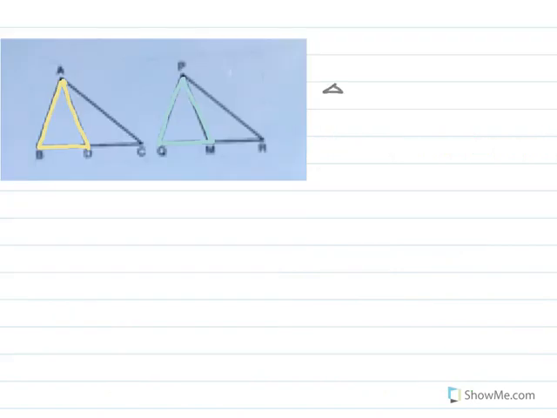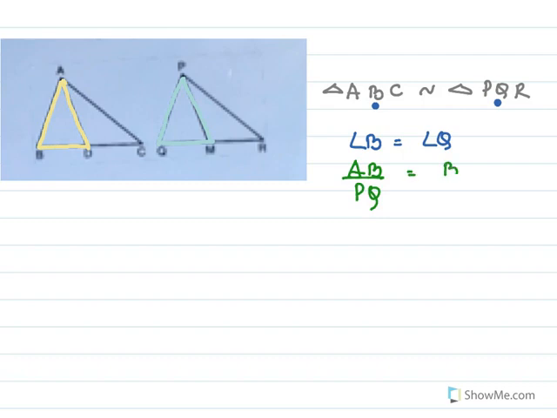Let's go over that again. It was given to us that triangle ABC is similar to triangle PQR, which means we first use this information. We said B was equal to Q, because the triangles were similar. And we also use the other information that AB over PQ was equal to BC over QR.